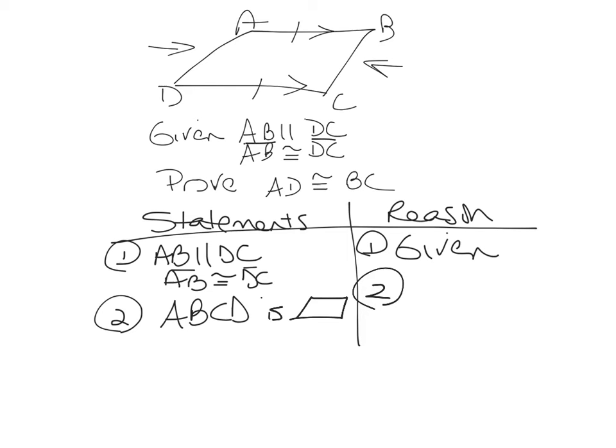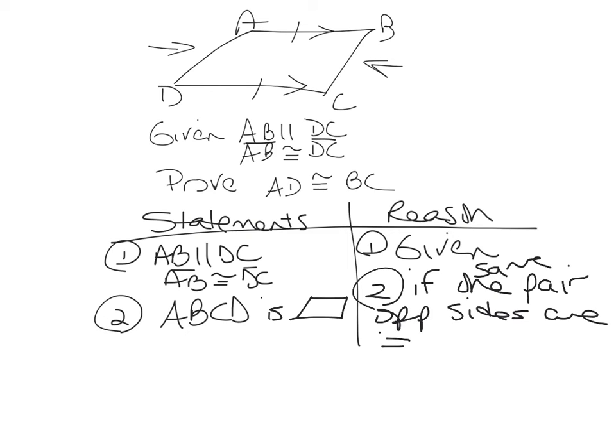Because if one pair of opposite sides are congruent and parallel, then the figure is a parallelogram. Perfect. So if the same pair of opposite sides are both congruent and parallel, then the figure is a parallelogram.